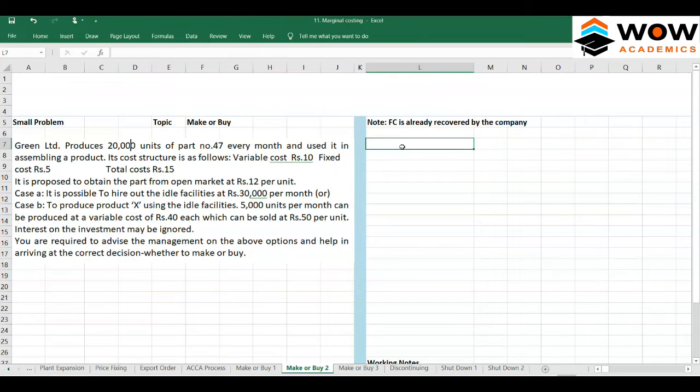So the cost of making is going to be 10.